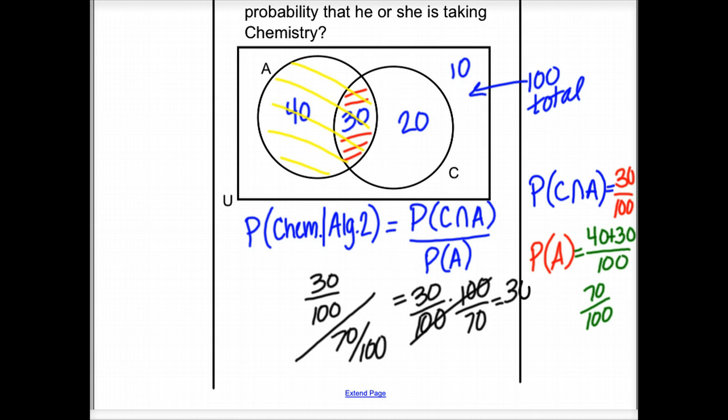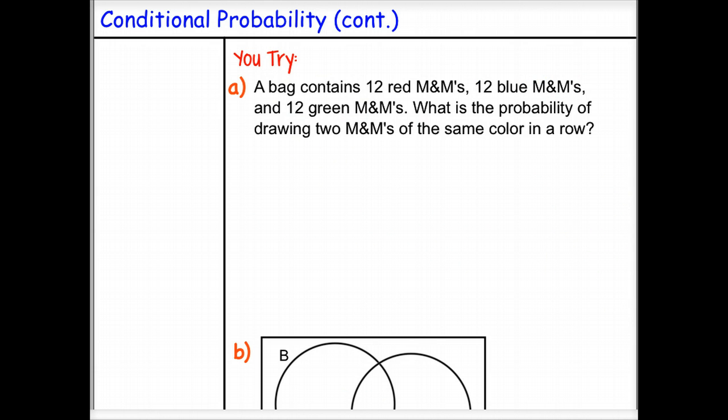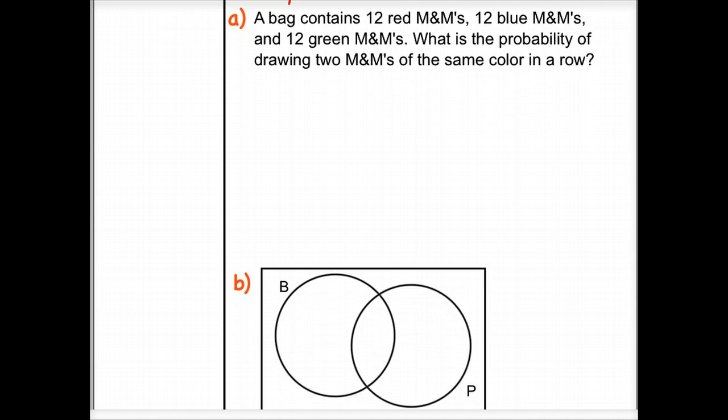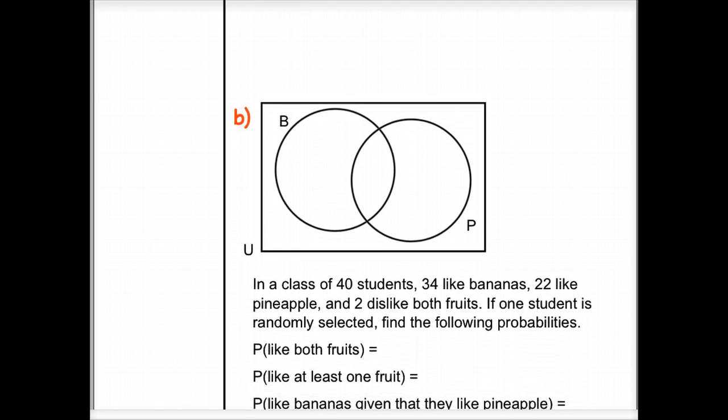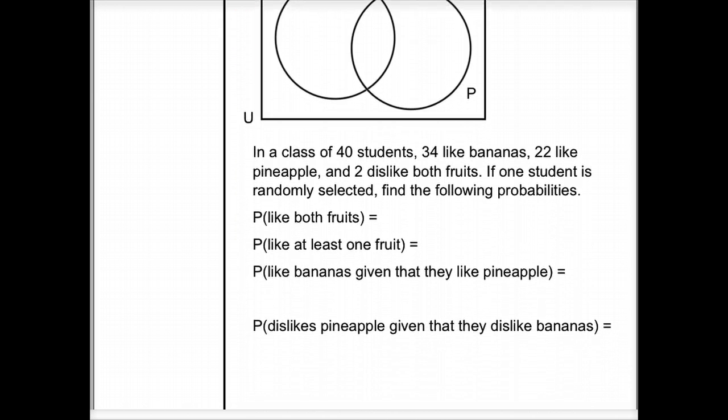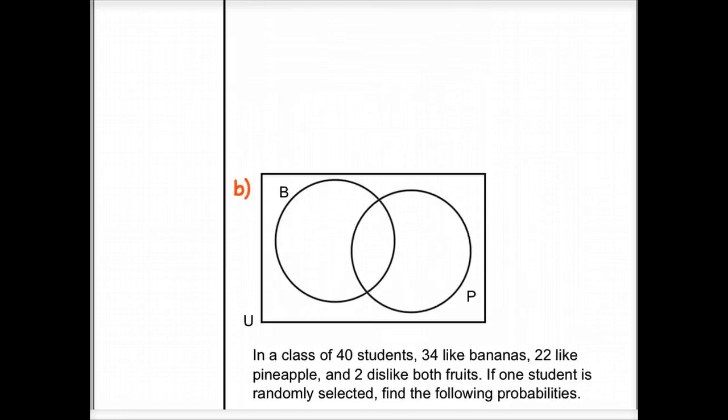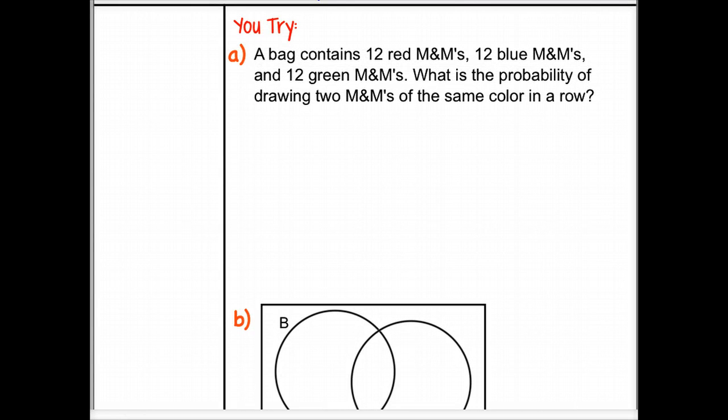That leaves us with 30 over 70, which divides by 10, to get a probability that 3 out of every 7 students will be taking chemistry, given that they are already taking Alg 2. Your job now is to go ahead and give these 2 Try problems a shot and answer those questions. Enter them into Edpuzzle and bring your questions with you to class tomorrow.